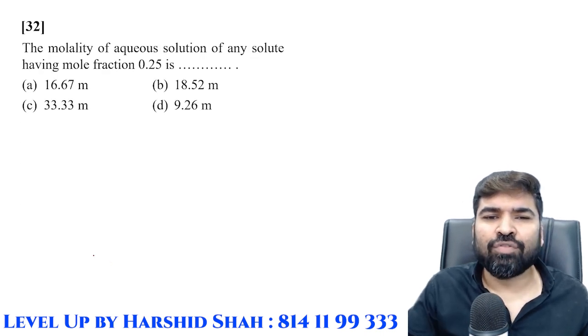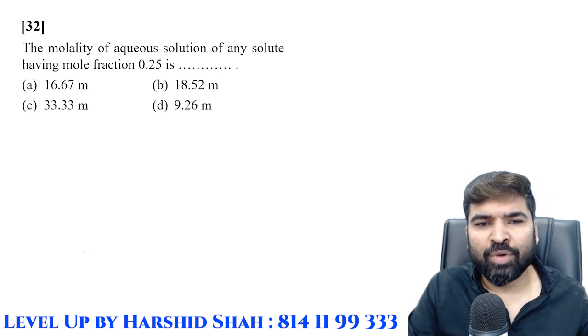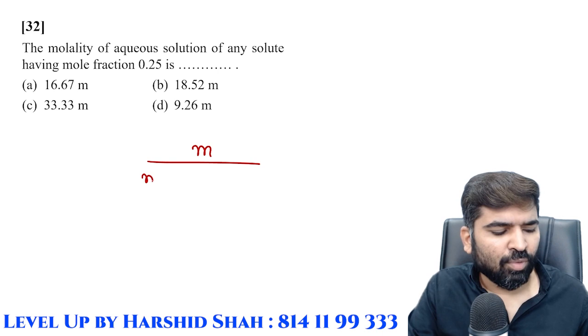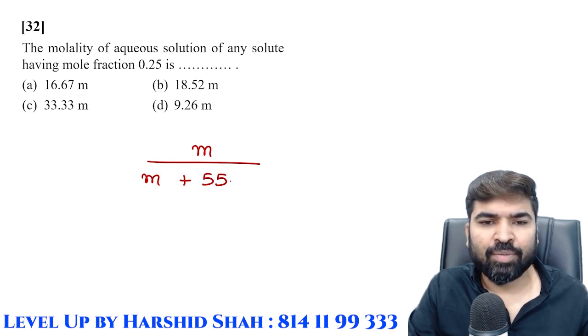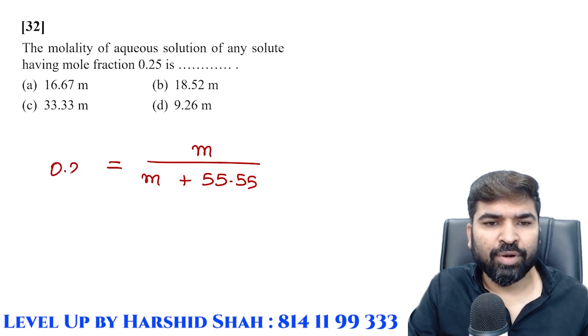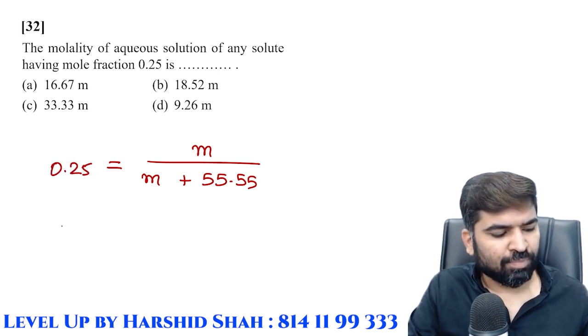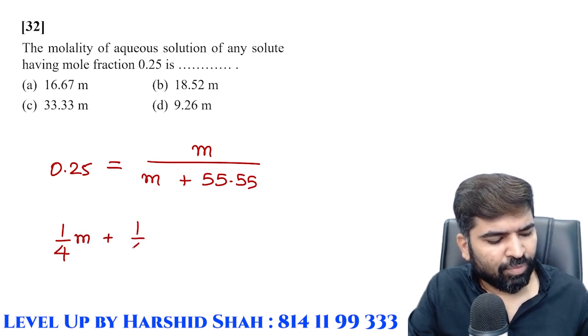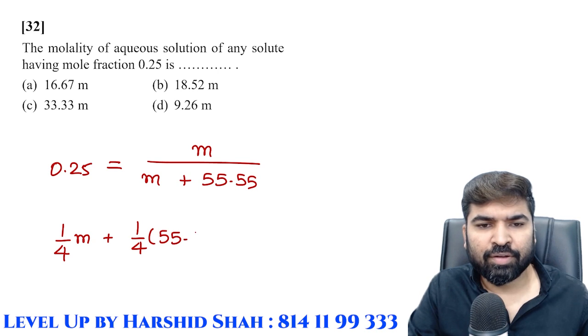The molality of a solution of any solute having mole fraction 0.25 is equal to what? Molality to mole fraction: molality upon molality plus 55.55 is the mole fraction value. Mole fraction is 0.25. Taking it across, 1 by 4 m plus 1 by 4 into 55.55 is equal to m.